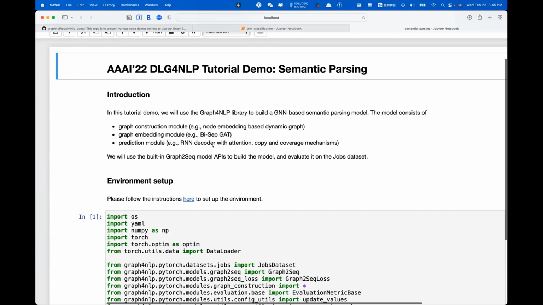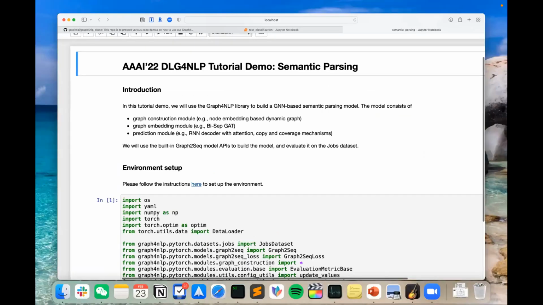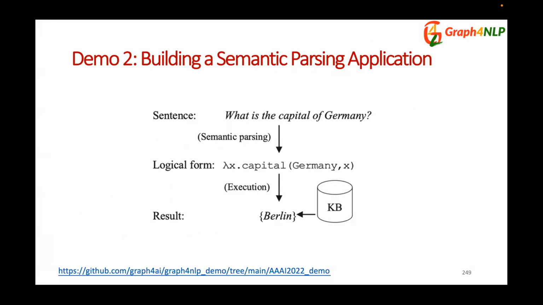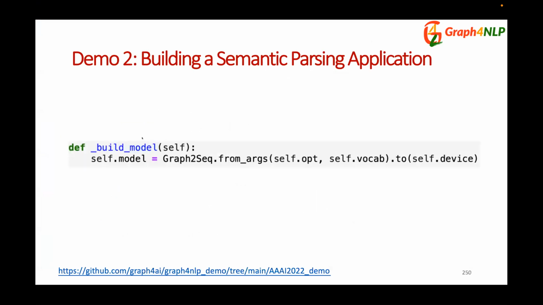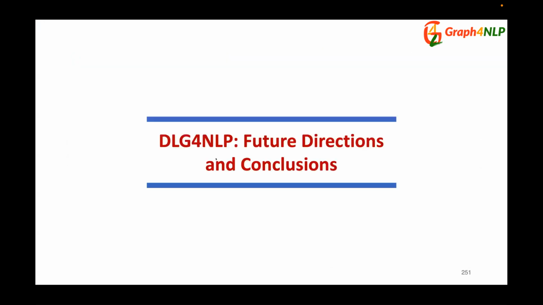In this demo, we regard this semantic parsing task as a graph to sequence task, so we can directly use the built-in graph to sequence model API to easily build the model. Let's go back to the slide. As we can see, we just need one line of code to build this graph to sequence model by calling our model level API. That's the demo part.